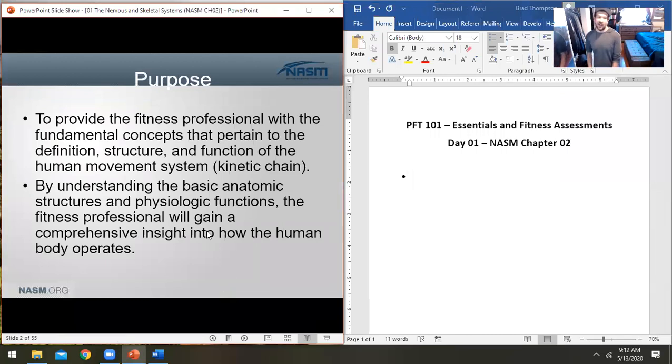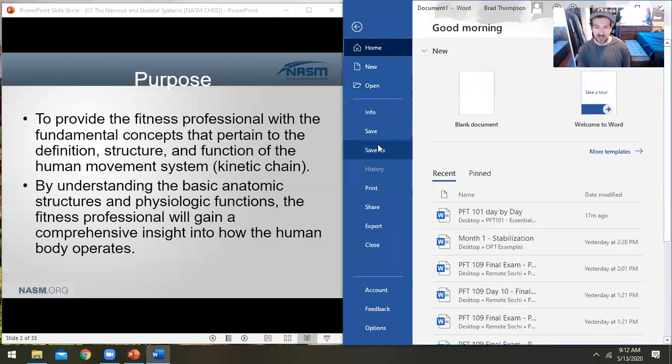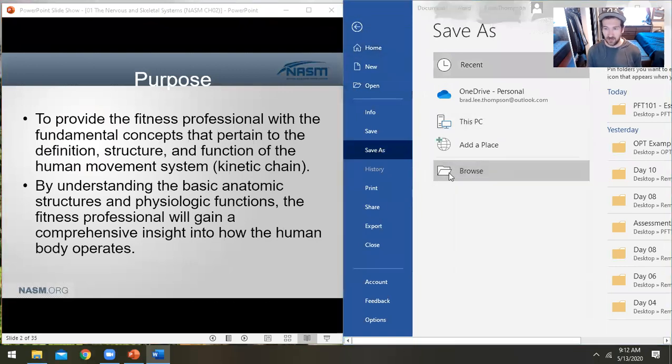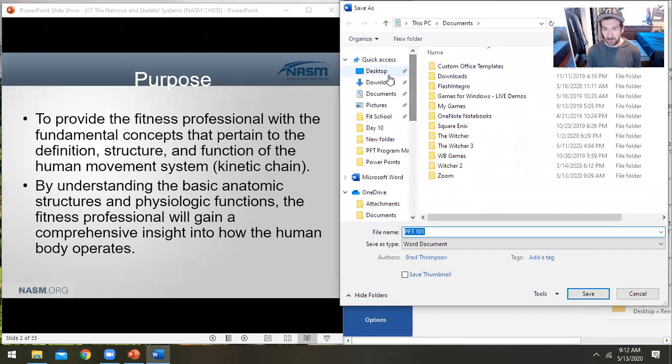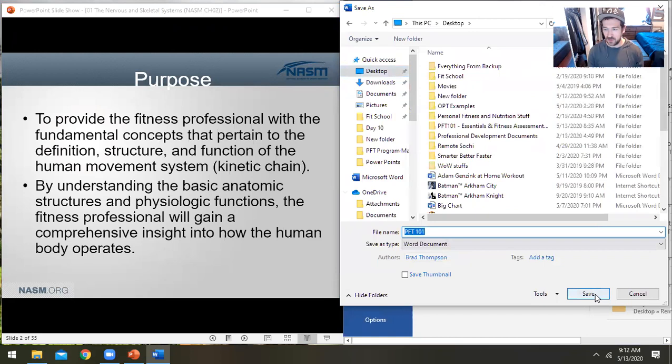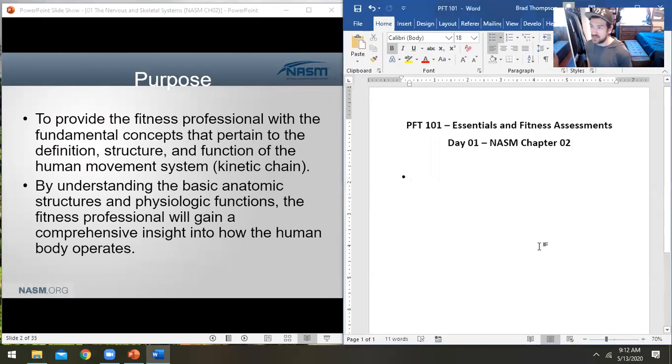Okay, so the purpose of this PowerPoint, what we're going over today: we want to be able to understand the fundamental concepts of the kinetic chain, right? So we are back to talking about the kinetic chain here. We're going to talk about our human movement system, right? So that is going to be the nervous system, the skeletal system, and your muscular system.